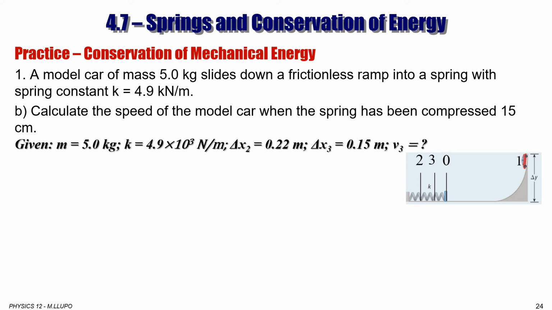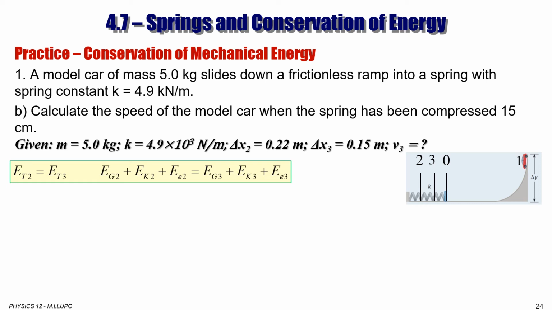Now we can say total energy on point 1 is equal to total energy on point 3, but we shouldn't do that because total energy on point 1 is already a calculated value. So always try to avoid using calculated values on solving a problem, because if you made a mistake at A, you're going to carry that mistake at B. So if you have a choice, in this case, yes, you do.